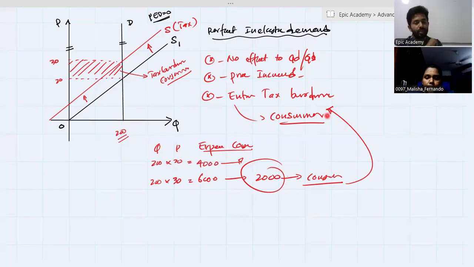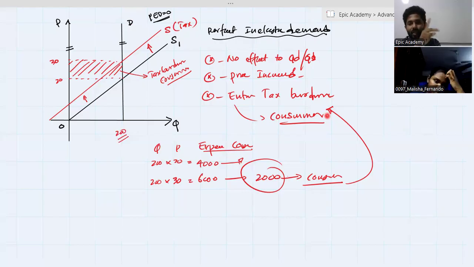So now you can identify that if the demand curve is perfectly inelastic when the supply curve is normal, the entire tax burden goes to the consumer. That's the situation. This is the one thing. So now you can identify there is no same tax burden.